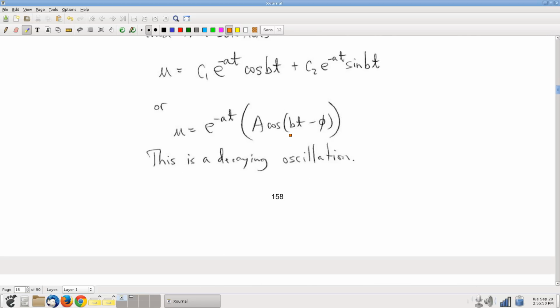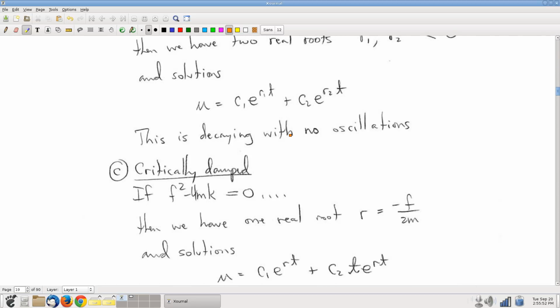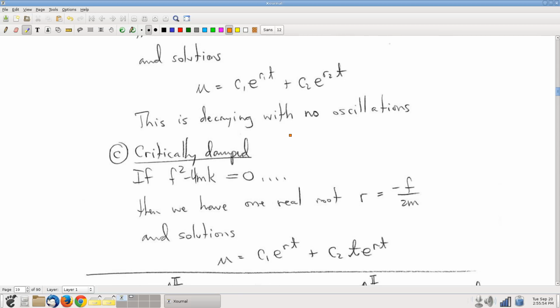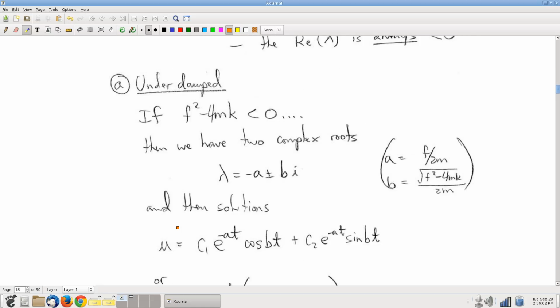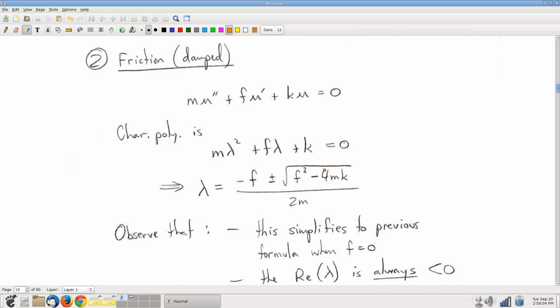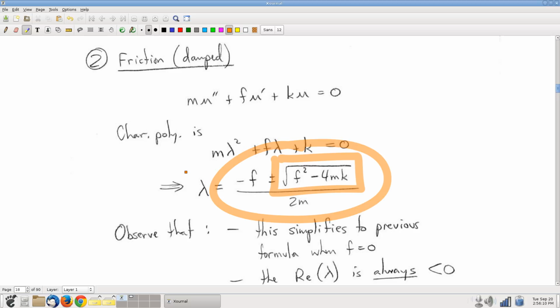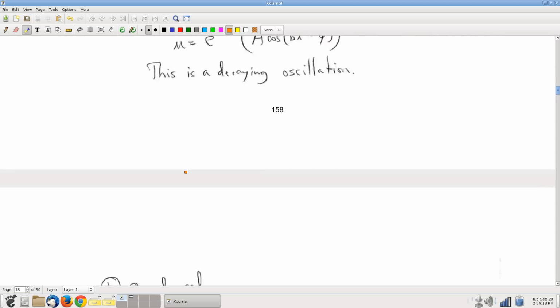Okay. There's one other case that we need to consider, and that is what we call the critically damped case. I'll come back to the terminology in a moment. Specifically, what if the discriminant's equal to 0? Well, if this thing is equal to 0, then notice we only get one solution. But it's a solution with a multiplicity.